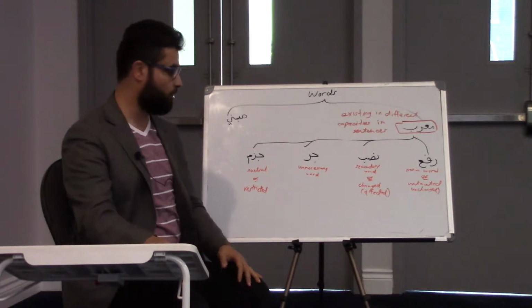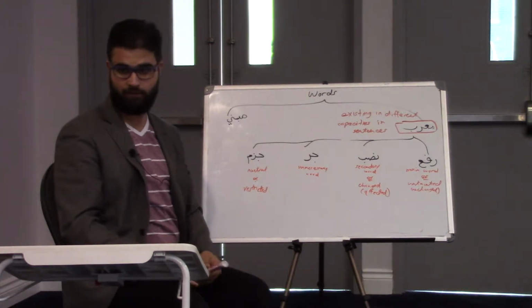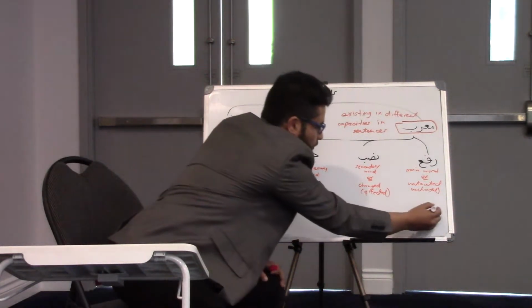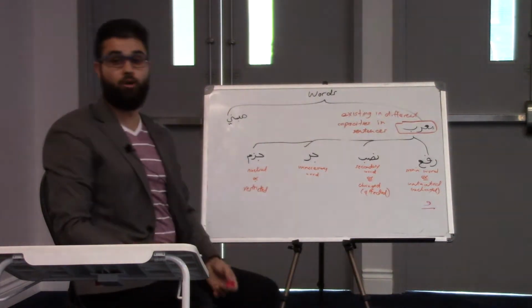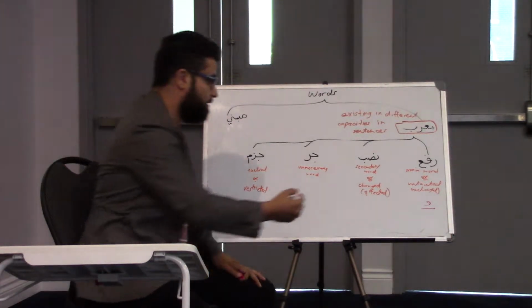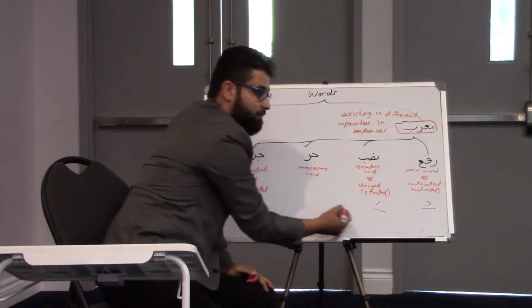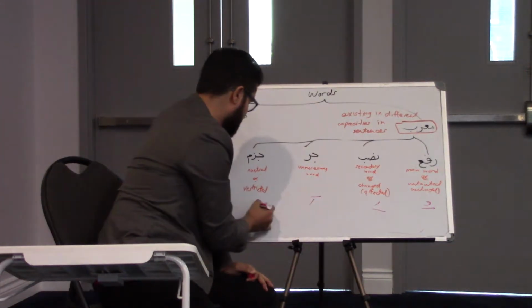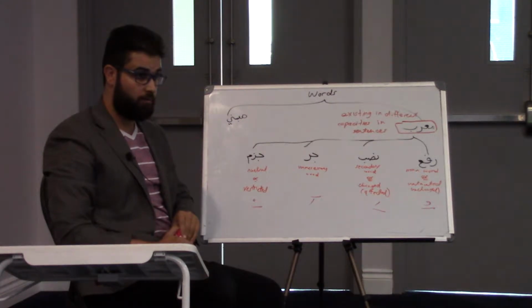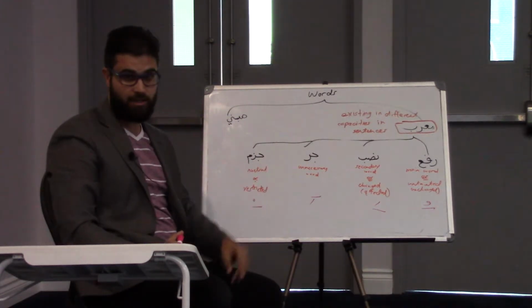So what is the most notorious or famous marker for rafa'? Dhamma, right? But that's not the only one at all. There are actually many others. For nasb, the most notorious one is fatha, jar is kasra, and jazm is sukun, right? These are the famous markers of these four statuses.